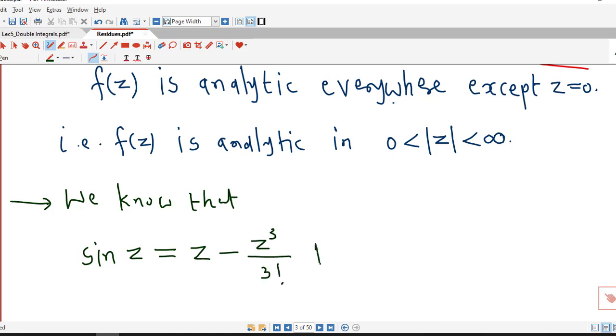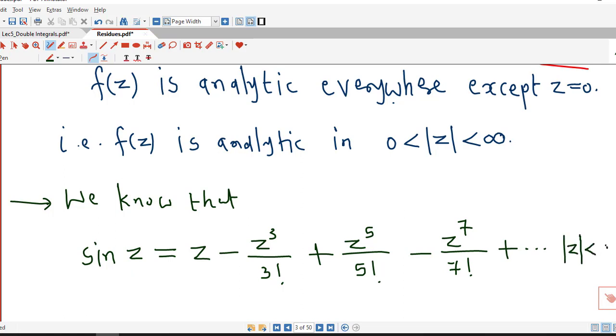So z minus z cube over 3 factorial plus z raised to 5 over 5 factorial minus z raised to 7 over 7 factorial, and so on. And because sine z is an entire function, this is valid for all z.